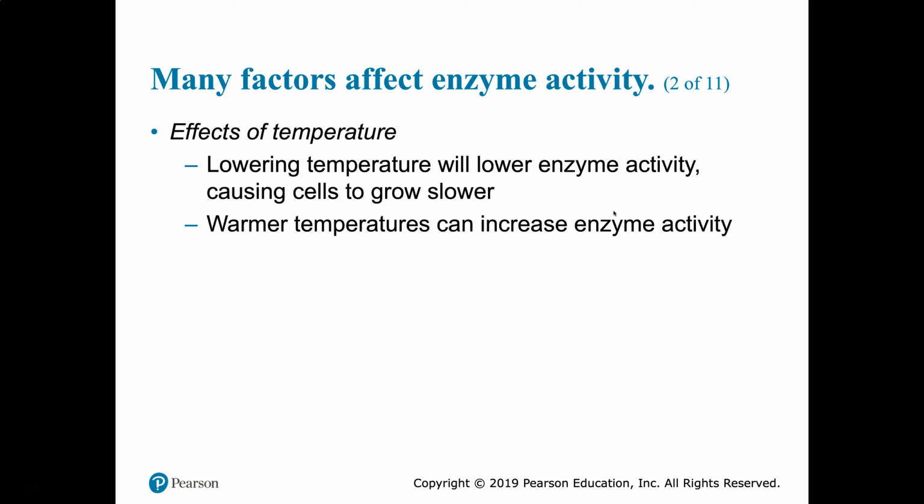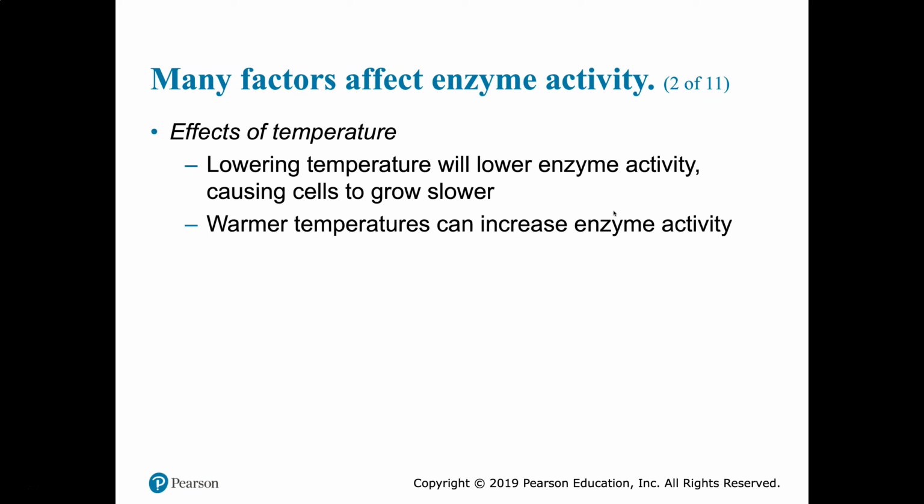When you reach the optimal temperature, it's going to be functioning as efficiently as possible. For instance, in humans, you have to think about our body temperature, 98.6 degrees roughly. Our enzymes have to have an optimal range around 98.6. It doesn't have to be perfect, but it should be pretty close.